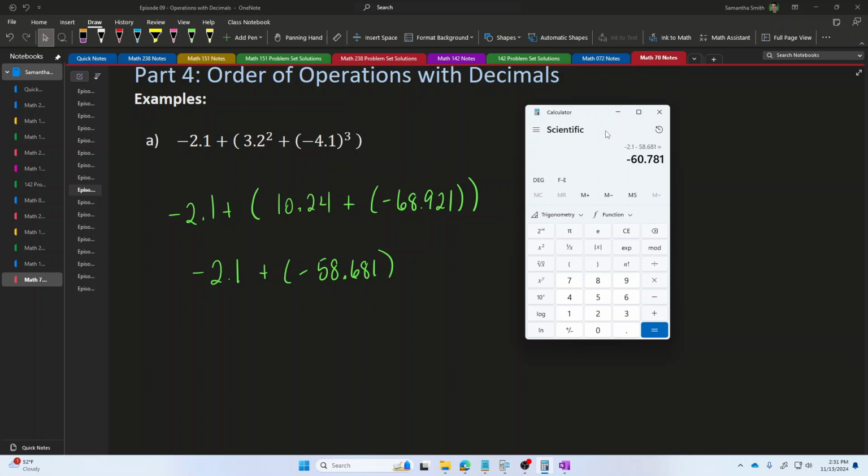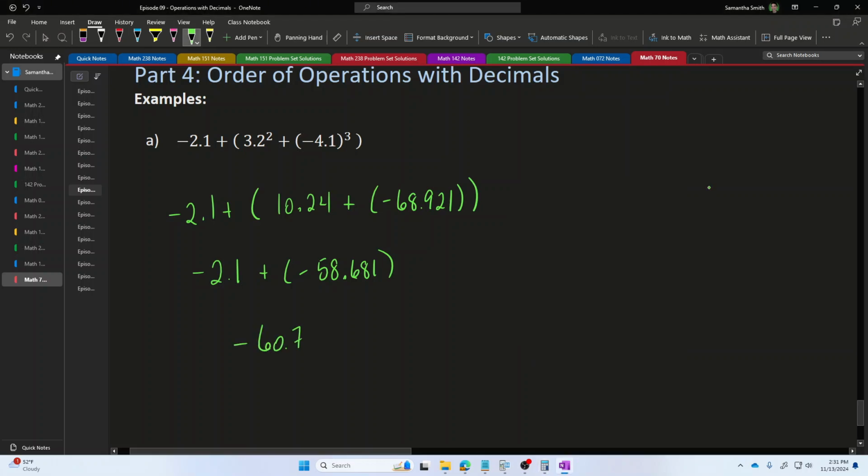In total, I get negative 60.781. So using PEMDAS, we can just take these calculations one at a time.